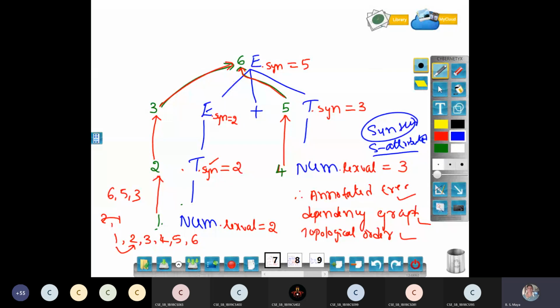Next line. In S attributed SDD, each rule computes an attribute for the non-terminal at the head of a production from attributes taken from dash.